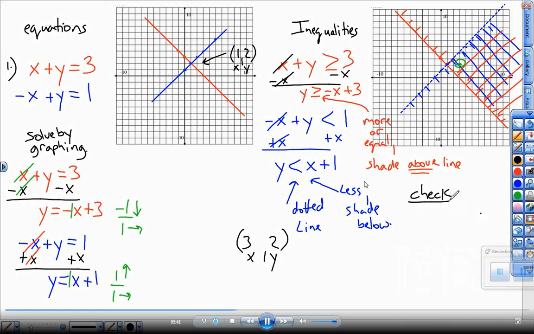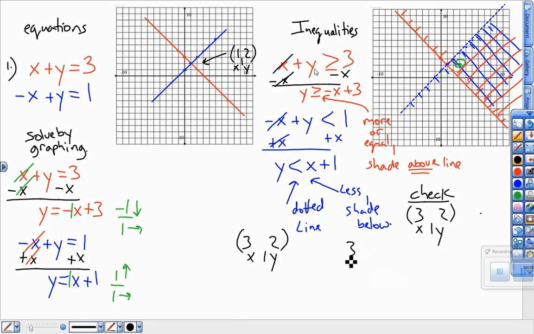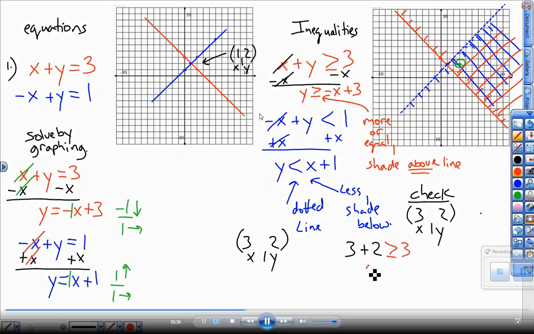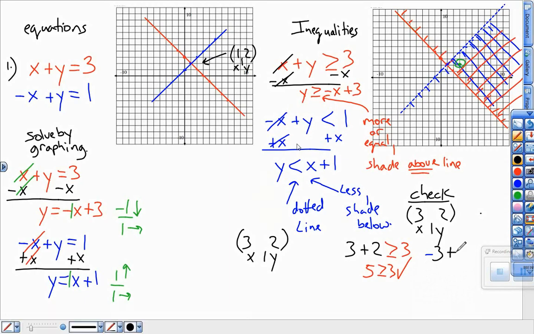So the first check, plugging in 3 and 2 into the red inequality gives me 3 plus 2 is more than or equal to 3. That is a true statement. 5 is more than or equal to 3. True. When I plug in 3 and 2 into the blue inequality, gives me negative, then put in 3 there, plus 2, less than 1.